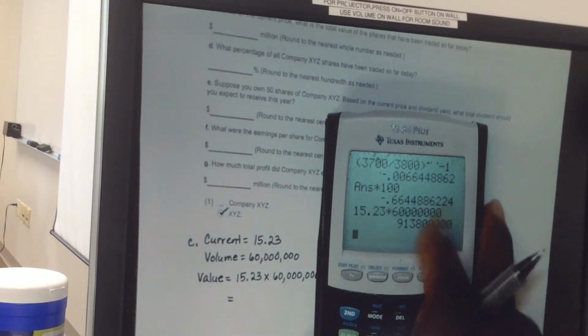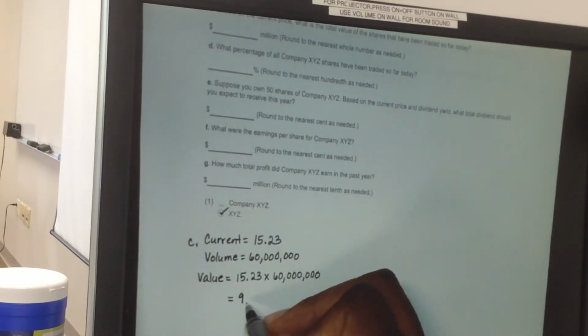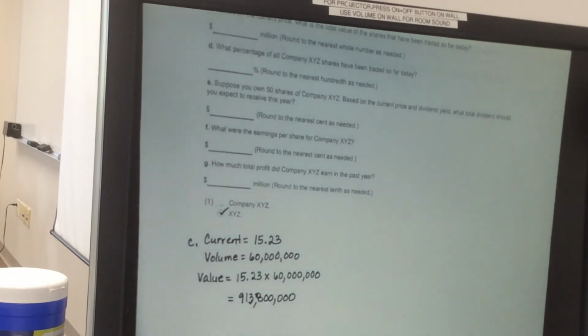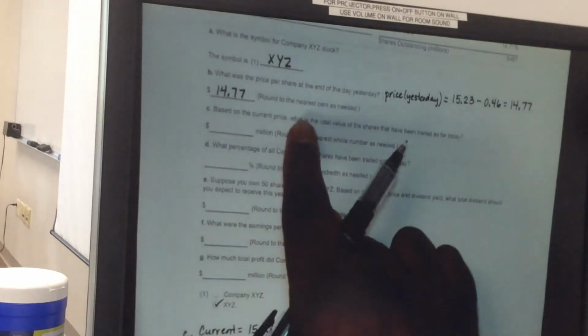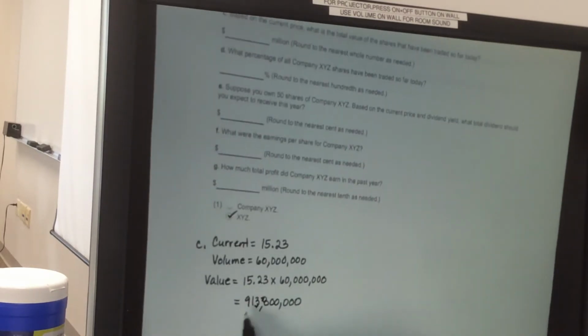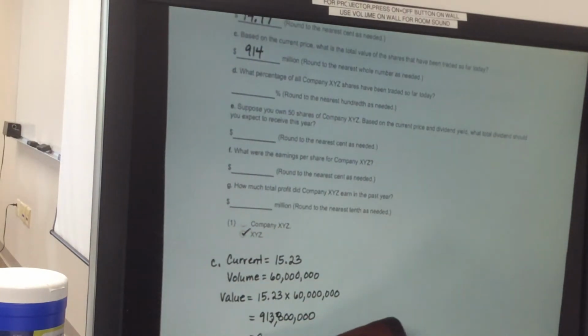It's going to be $913,800,000. Now, in the answer, they want that in millions to the nearest whole number. So this part right here represents a million, so it'll be 913, but this 8 will make that 913 become 914 million.